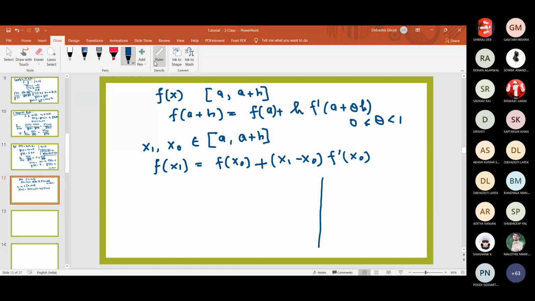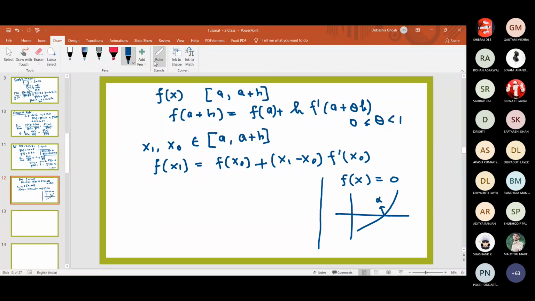If I draw the graph, it will be clear. Suppose you have the function f of x equals 0, and we are going to calculate the root. Suppose the graph is like this, and we are going to find the value where the graph meets the x-axis, which is supposed to be alpha.